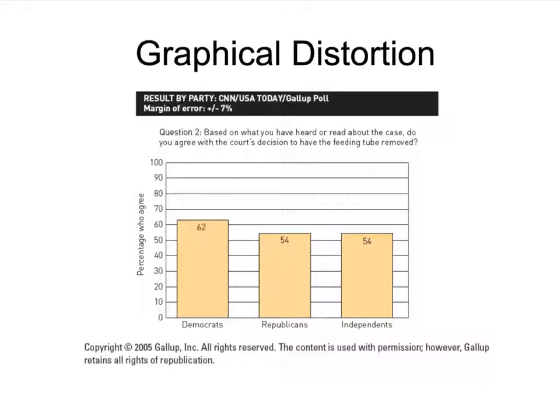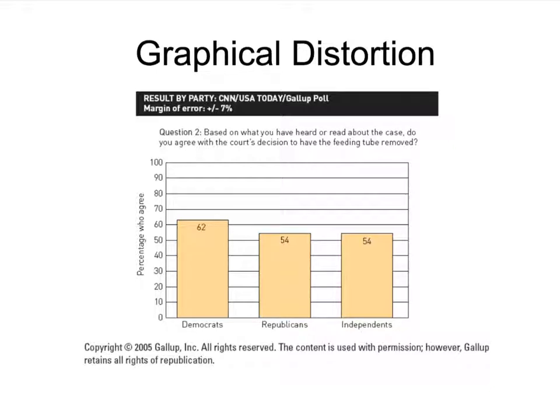Both of these are more than half, but to look at the previous data, it seemed that the Democrats were strongly in favor, while the Republicans and the independents were not at all in favor, when really in both cases we're looking at above 50%. So that's a distortion of data because of how they labeled the axis on the left. It started at 52 and went to like 65 or something like that.